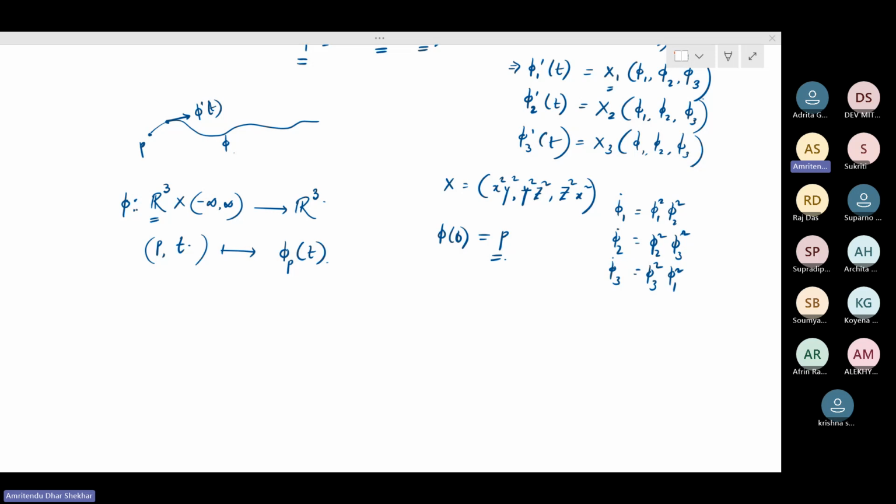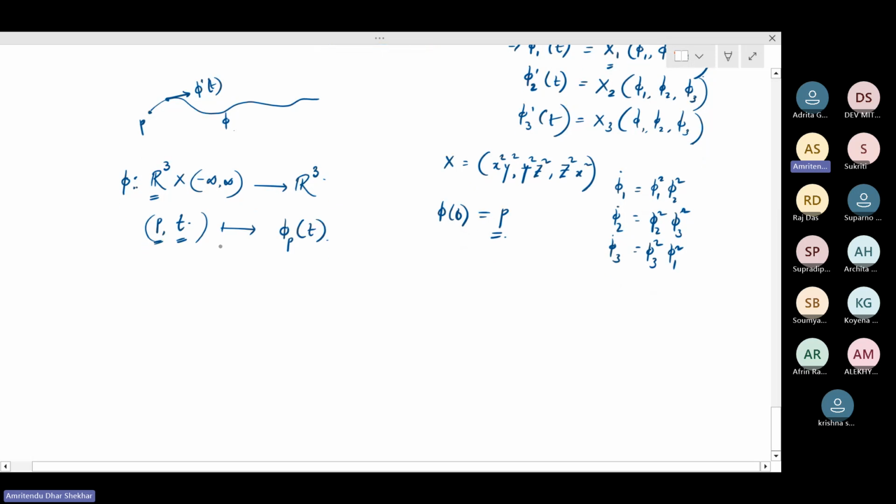You start off from an initial point P, flow for time T, and arrive at a point phi P of T. So it's a function that has two parameters, the initial point and the amount of time.